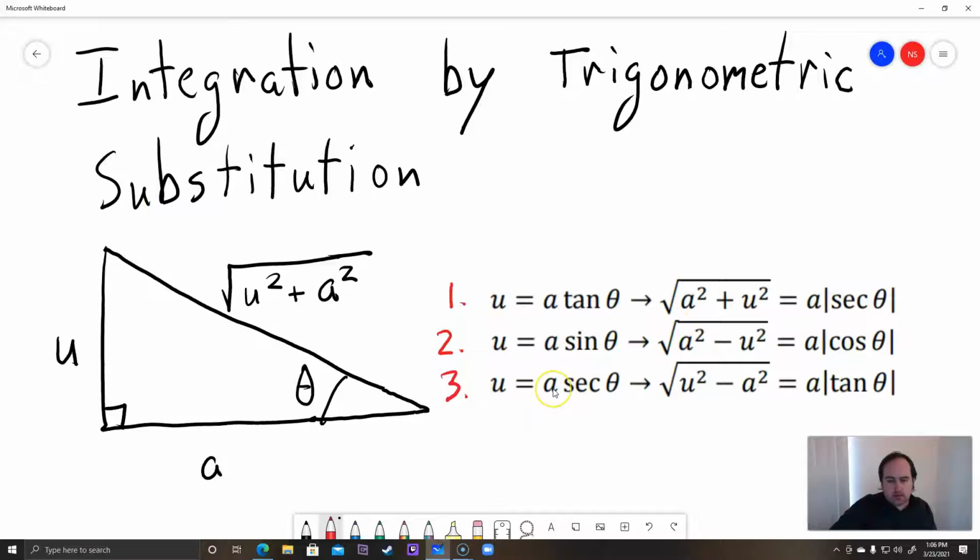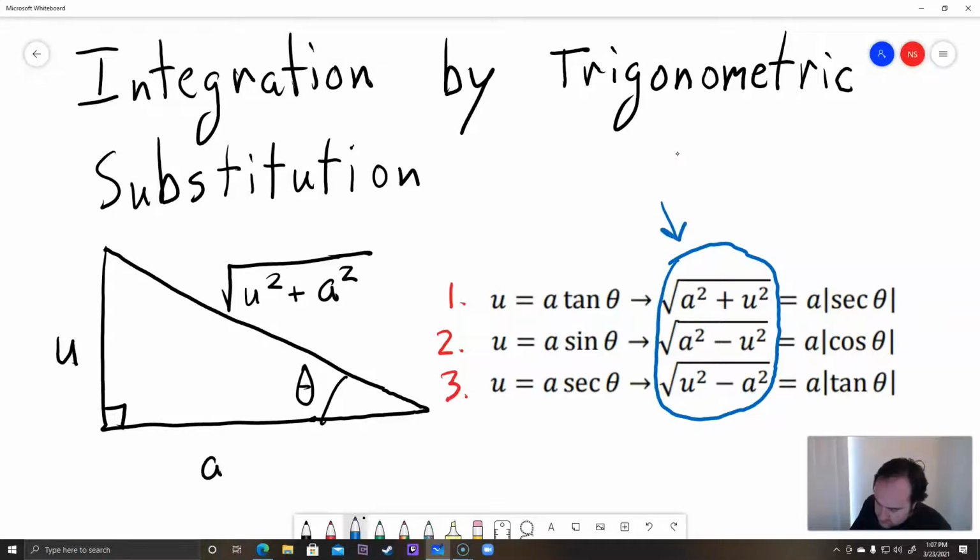Okay, so when you're trying to do an integral and you get something in one of these three forms here, so let me circle them in blue. If you get it in any of those forms, that's where you want to make a trig substitution.